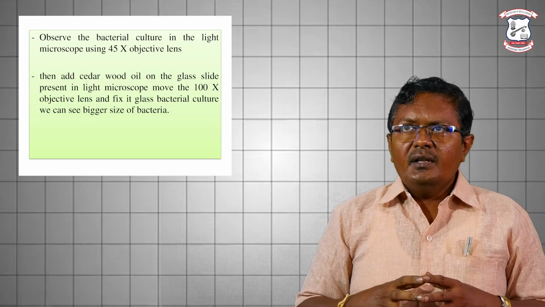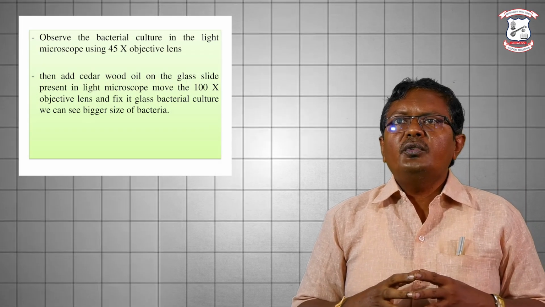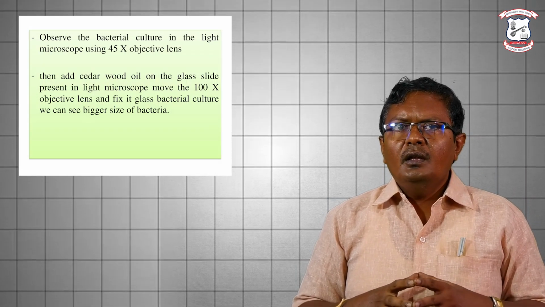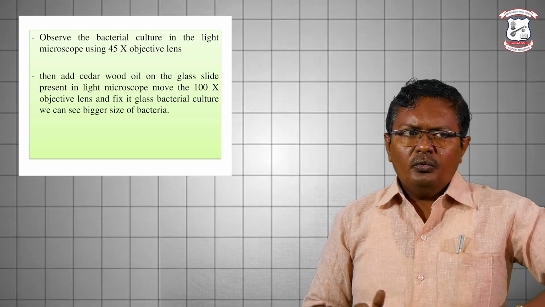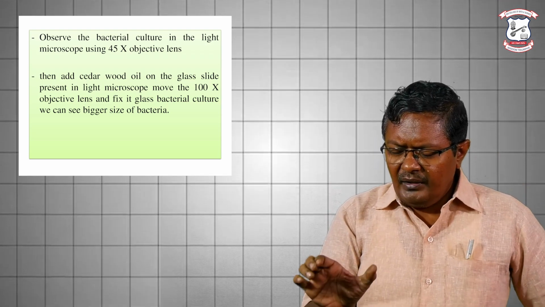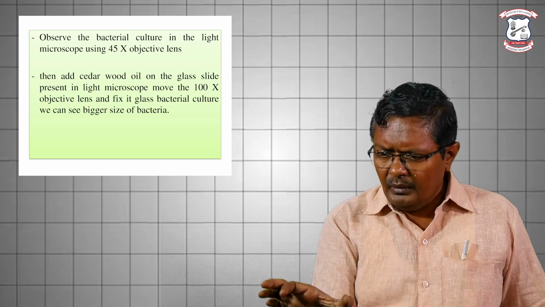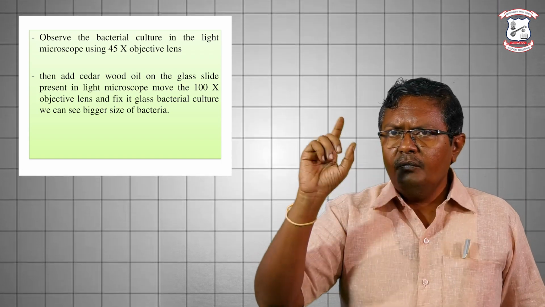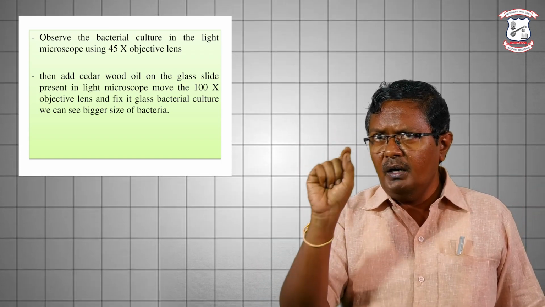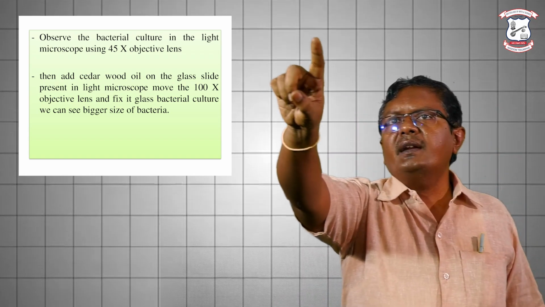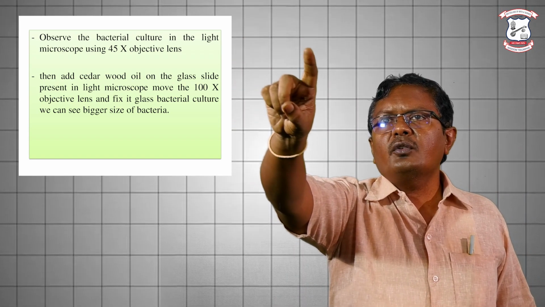Observe the bacterial culture in the light microscope using the 45x objective. Everyone knows the microscope. You have to place the glass slide at the center part of the microscope. When you look in 45x, you can see the bacterial culture in the light microscope.